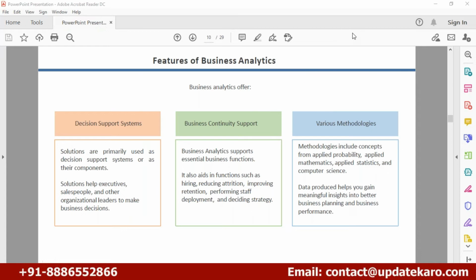Might be they will analyze the previous data and decide the future sales, and then they'll come up with a decision to increase the sales in future. Correct, absolutely. So you have the past data, and in 2000, let us say our sales was 150 crores.